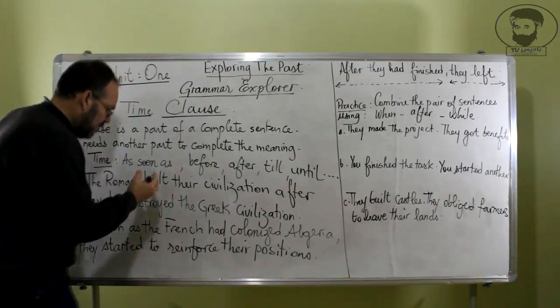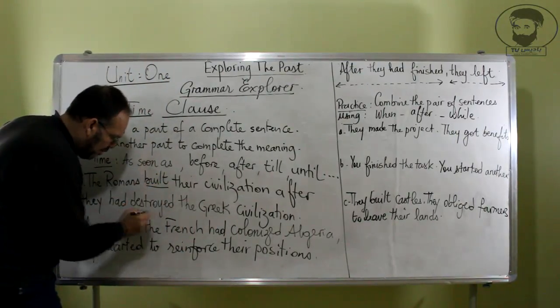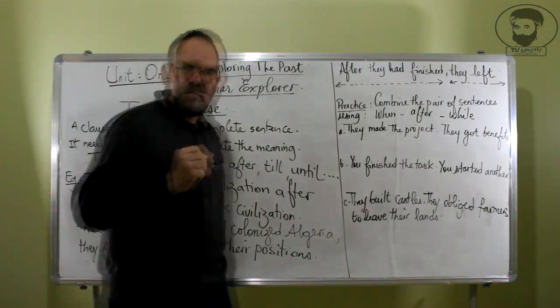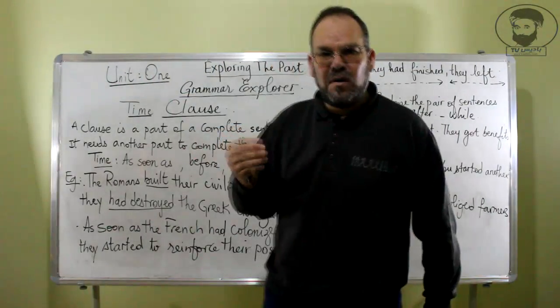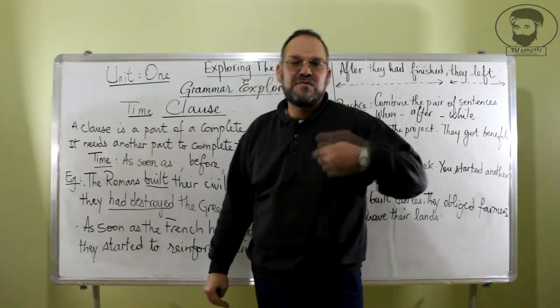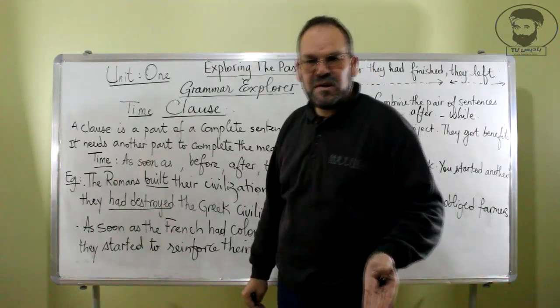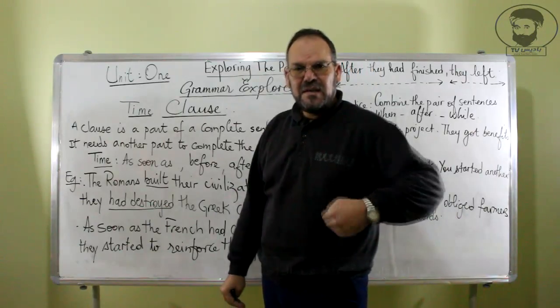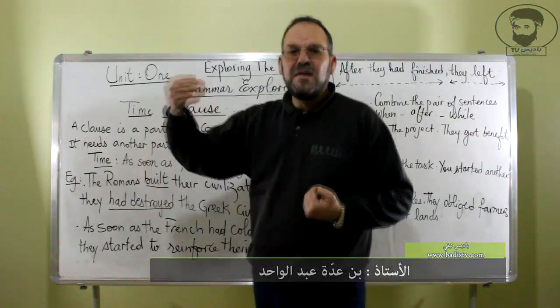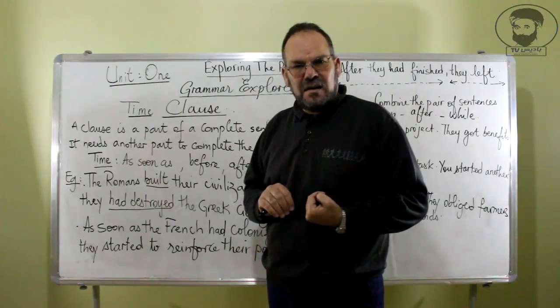Was it built or had destroyed? Which was first? Did the Romans build the civilization and after that destroy the Greek civilization? Or first they destroyed the Greek civilization and after that they built their civilization?